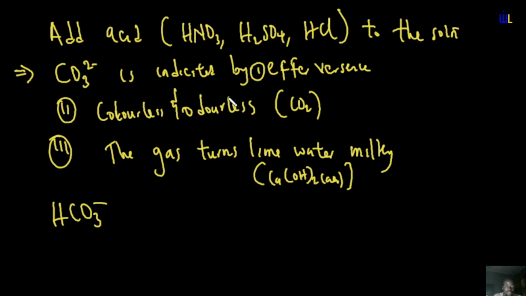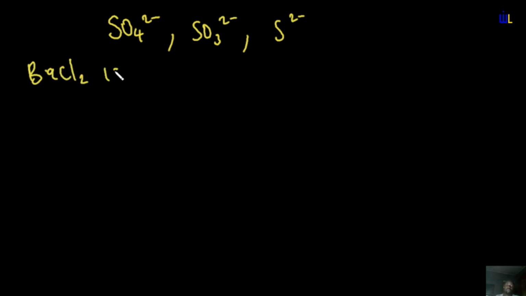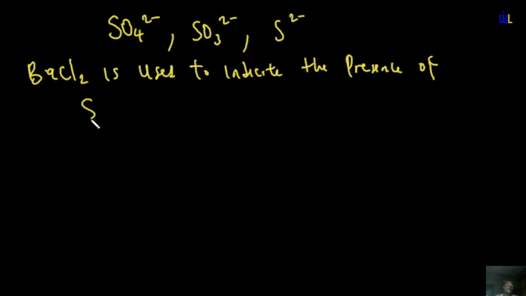Now, the next anion that I'm going to talk about is your SO4 2 minus, SO3 2 minus, and S2 minus. The reagent that is used to test these anions is barium chloride. So barium chloride is used to indicate the presence of SO4 2 minus, SO3 2 minus, or S2 minus.